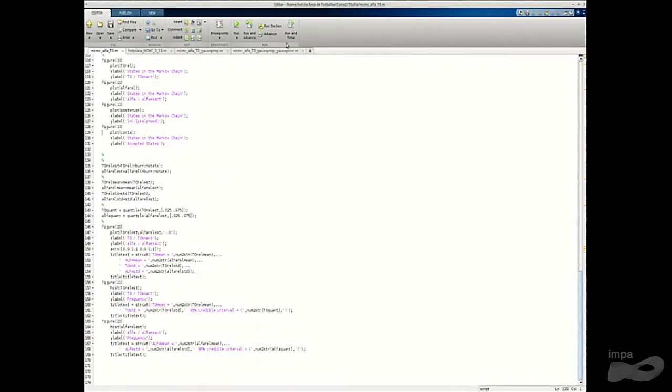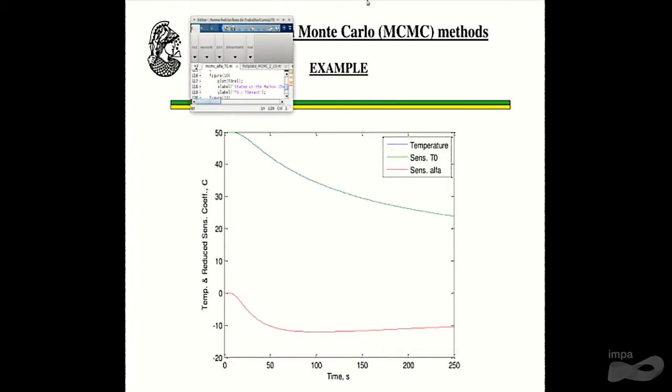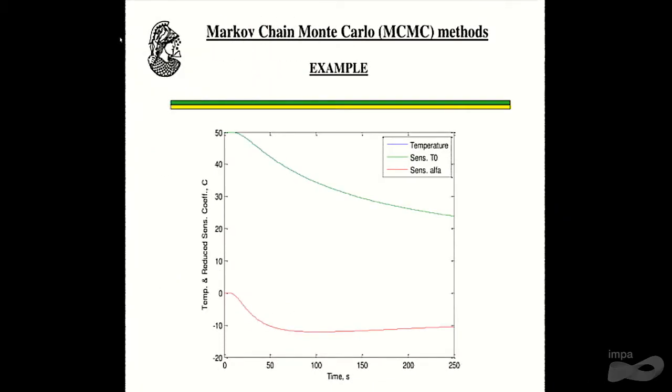And where, oops, it's so small. Let me try to increase the size of the font. Oops.